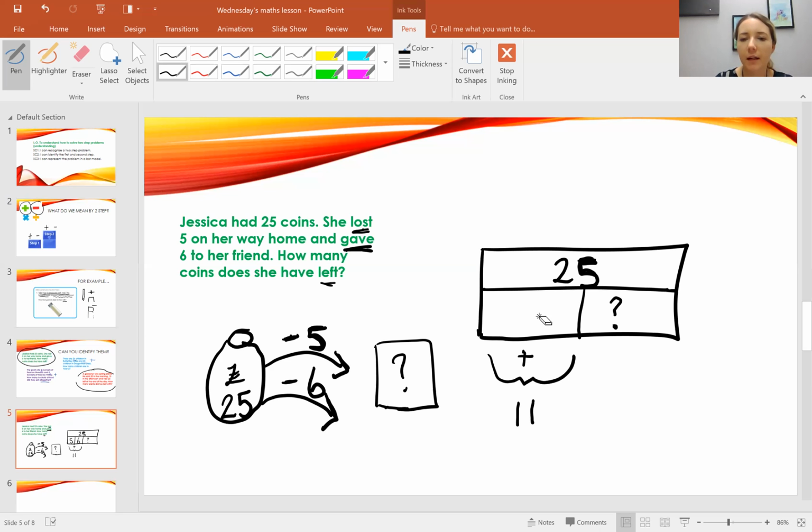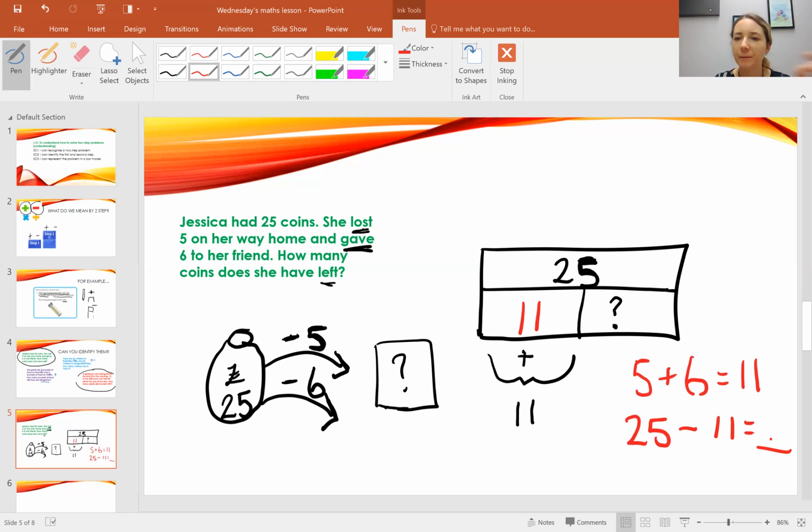So if I rub that out and put 11 in here, then we know that we can start with 25 and take away 11 to get our question mark. So our first step could be to do 5 add 6, and our second step could be 25 take away 11. And that would be the answer.